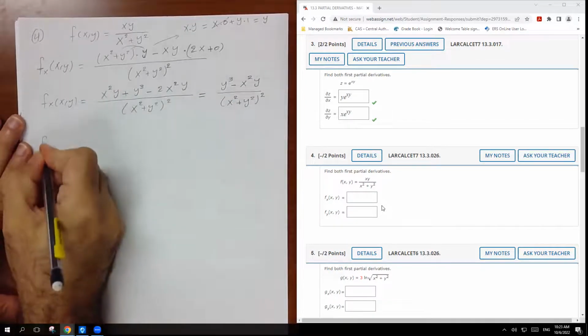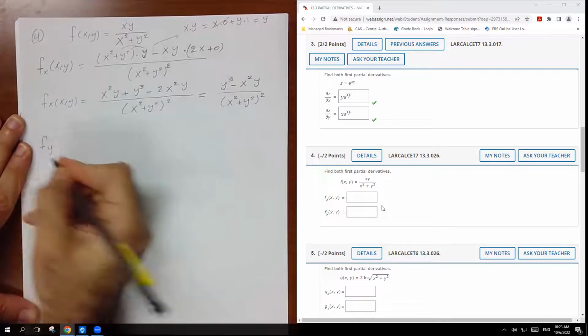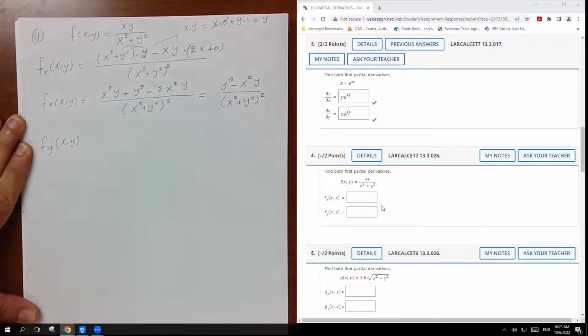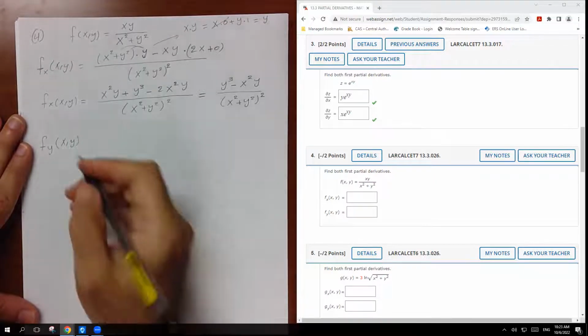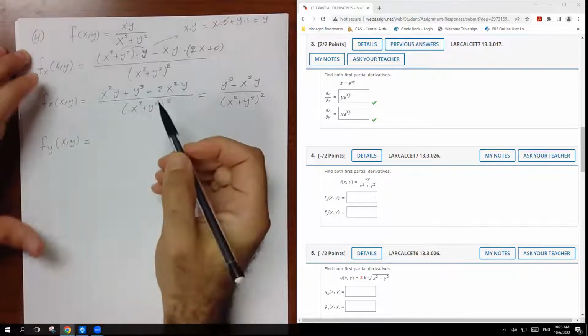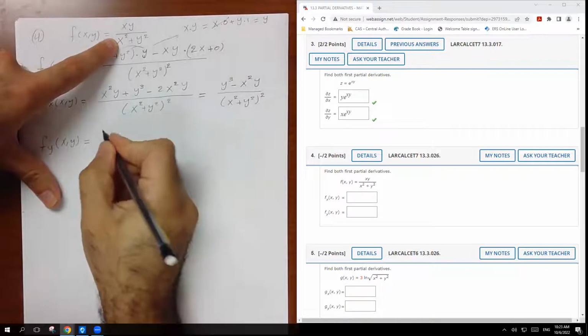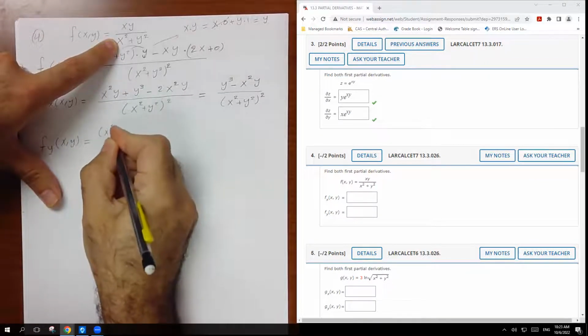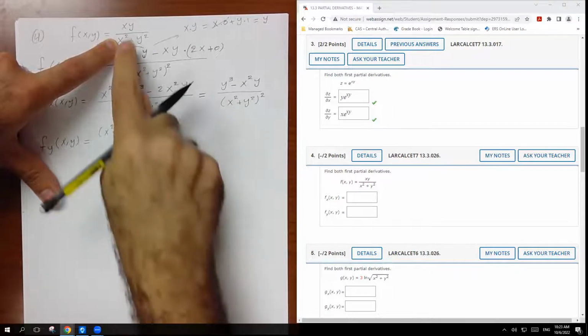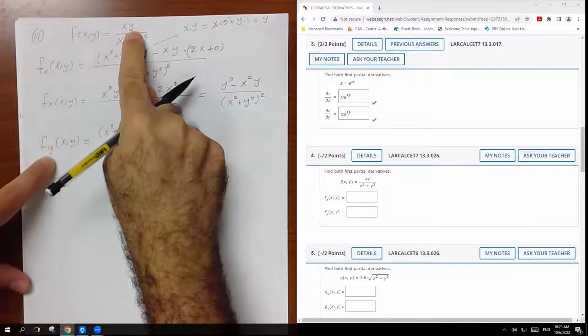Now, for the second part, we're going to do the same thing, but now with respect to y. So with respect to y, it's going to be the same thing: the bottom part, which is x squared plus y squared, times now the derivative of xy with respect to y.